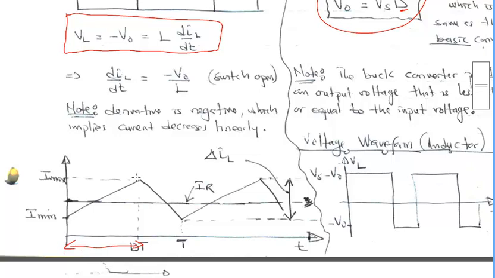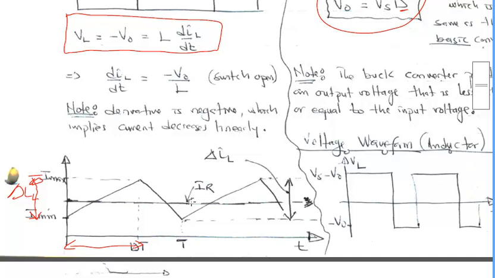The next period, the switch was open, the inductor current decreased, and we expect this to be in steady state. This is the change in inductor current, from I min to I max. So this is the change in IL. When it's going up, that is the change in IL when the switch is closed, and when it comes down, that is the change in IL when the switch is open.